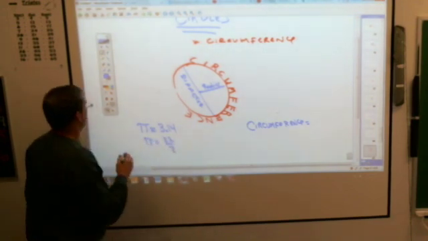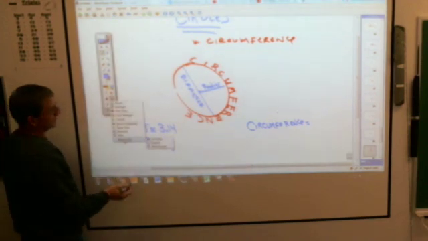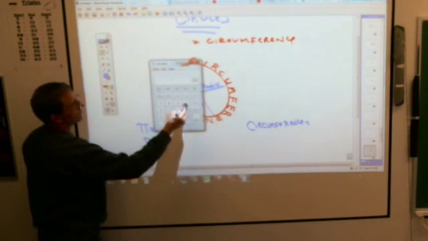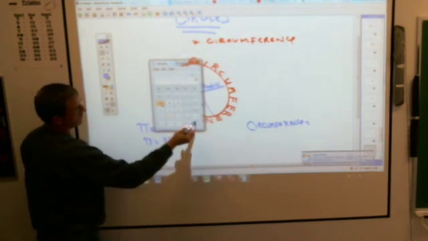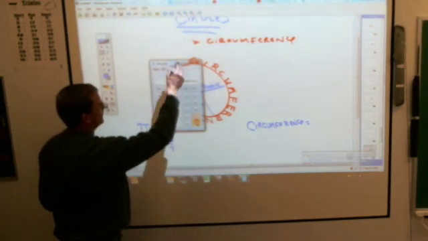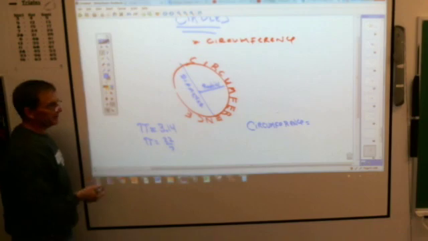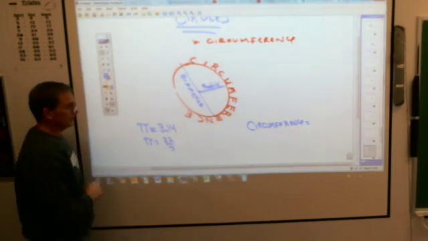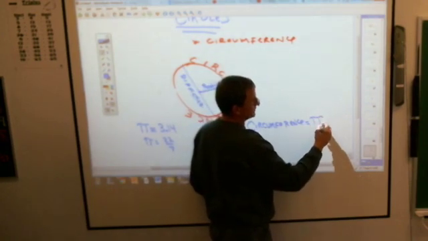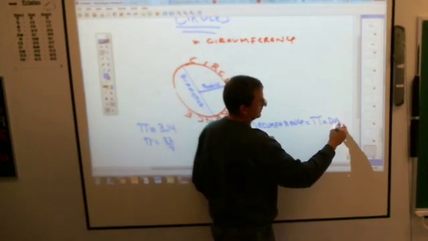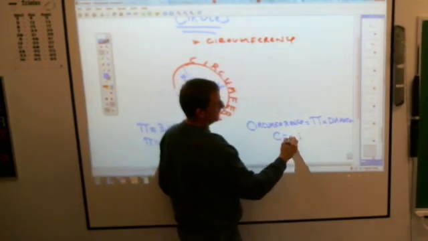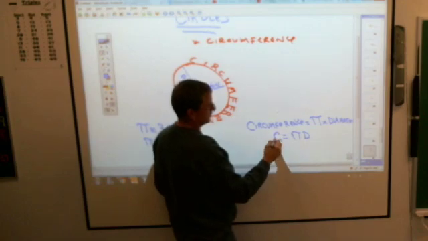In fact, if I divided 22 by 7, I get 3.14285, instead of 3.14159, which I think is what it turns out to be mathematically. So the formula for circumference equals pi times diameter, or C equals pi d.